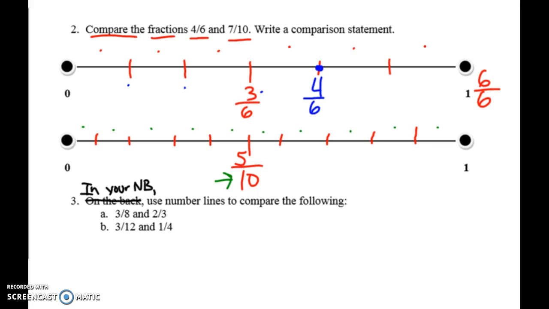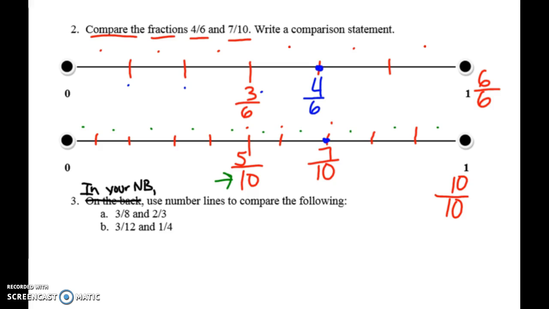So I look back up at the top, I am looking for 7/10. Well, I know that 1 is equivalent to 10/10. So let me count. I have 5/10 here. This must be 6/10, and this would be 7/10. So I go ahead and put my point on my number line at 7/10.